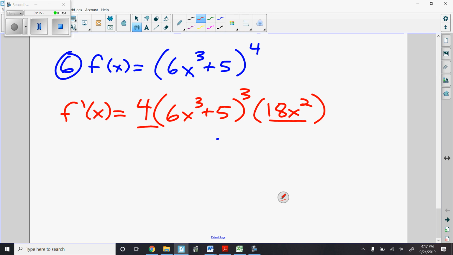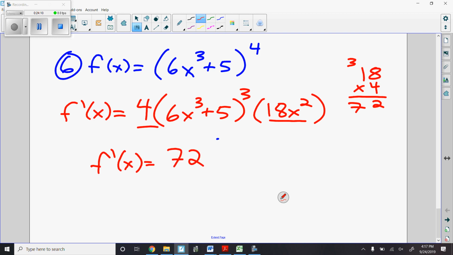This and this can combine. 18 times 4. 4 times 8 is 32. So I get 72. So f prime of x would be 72x squared times 6x cubed plus 5 cubed.